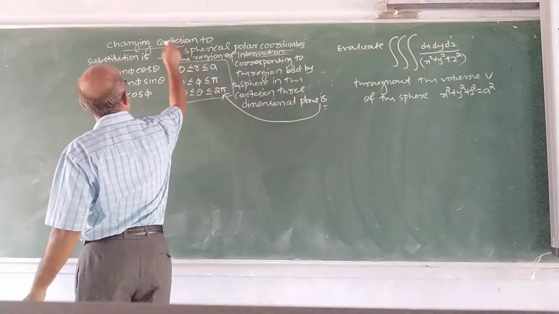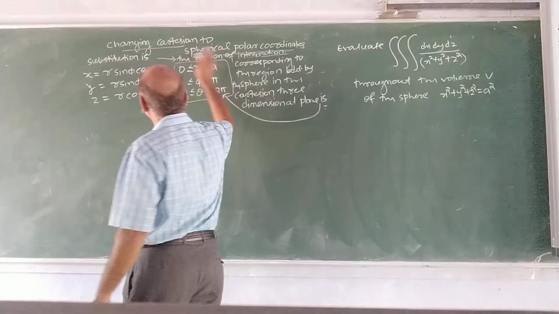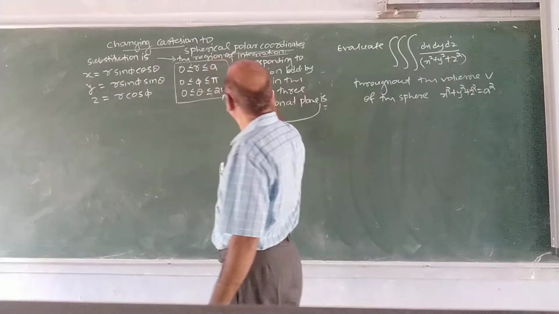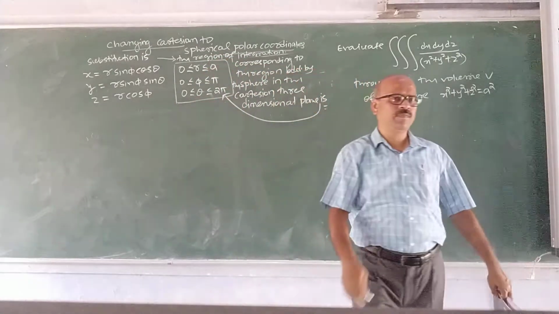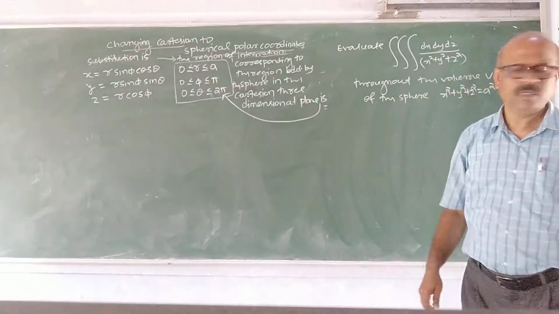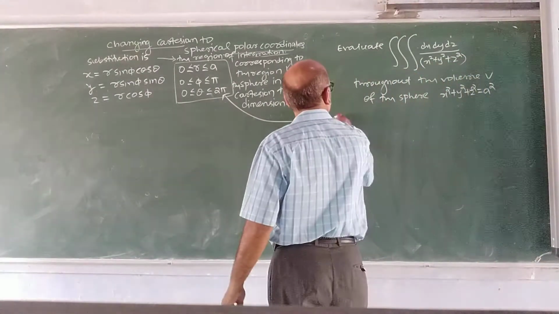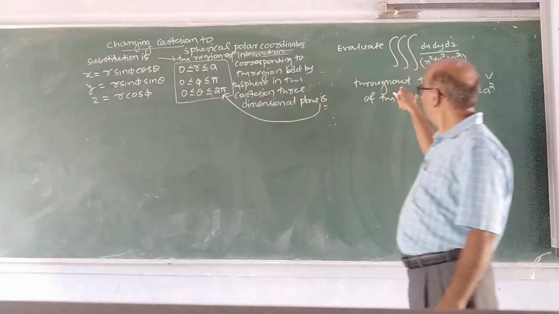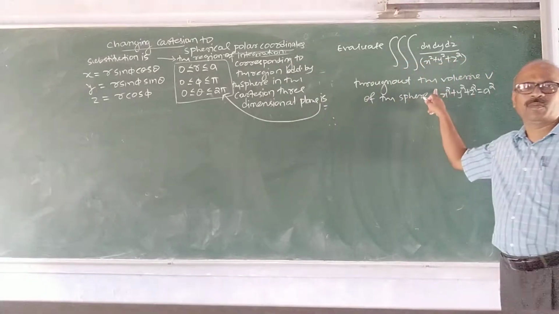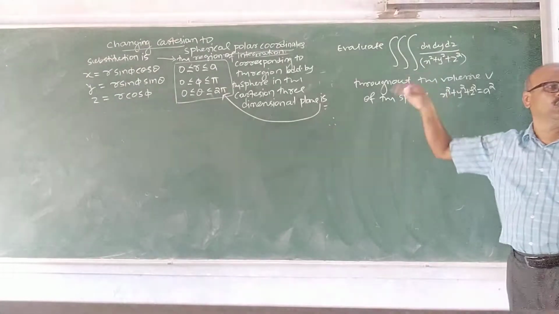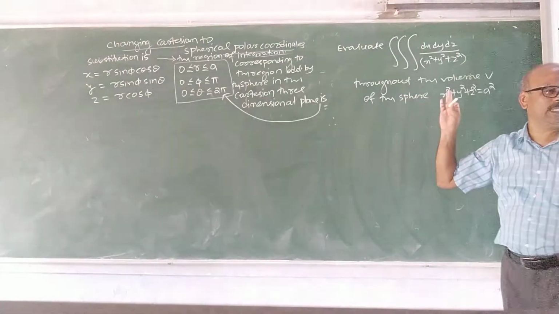Changing Cartesian to spherical polar coordinates, the substitution is this. The region of integration changes to this. You repeat that one here. Therefore, by changing, sometimes in the problem it will be given: evaluate this by changing to spherical polar coordinates.